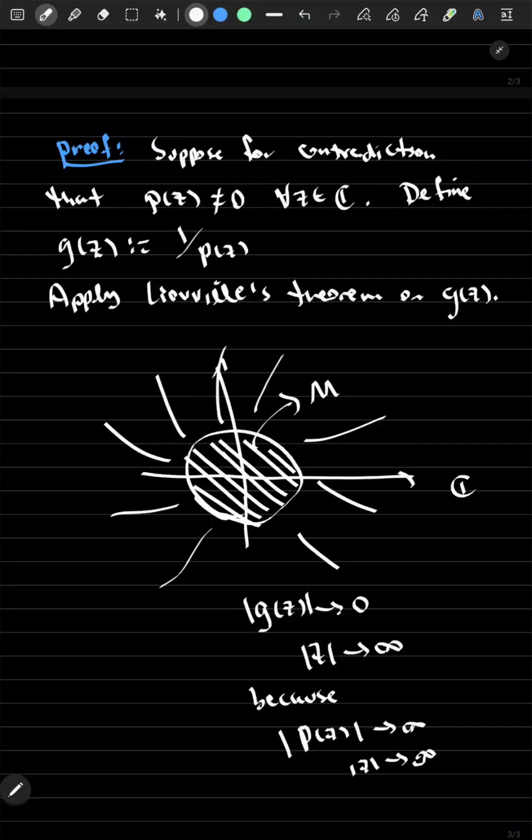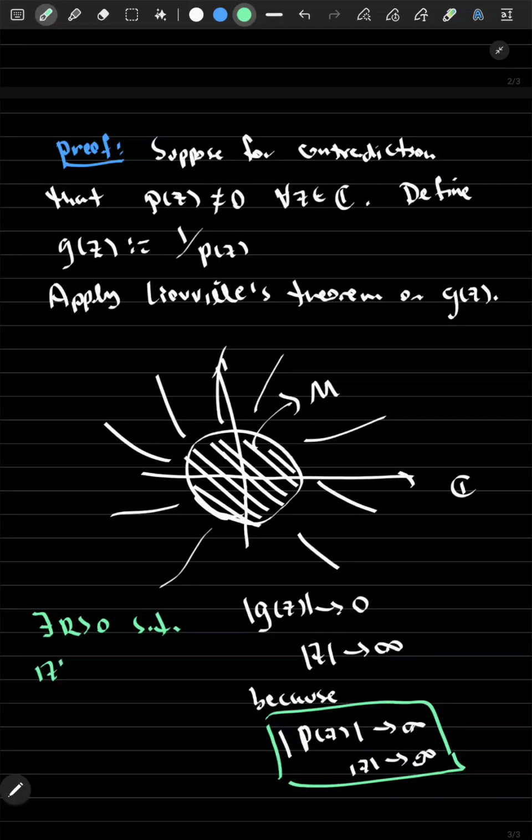And so since g of z is the inverse of it, I can be a little more formal here. We can say that there exists a big R greater than 0, such that if a complex number z has absolute value greater than R, then the absolute value of p of z is going to be greater than or equal to, let's say, big P.